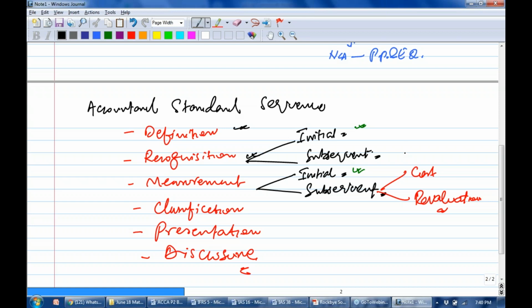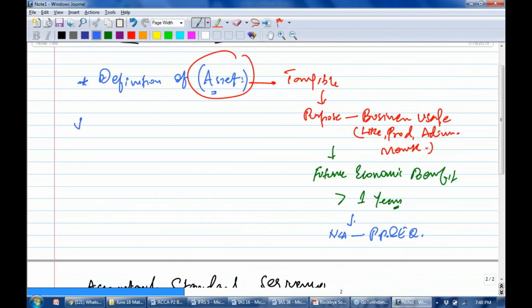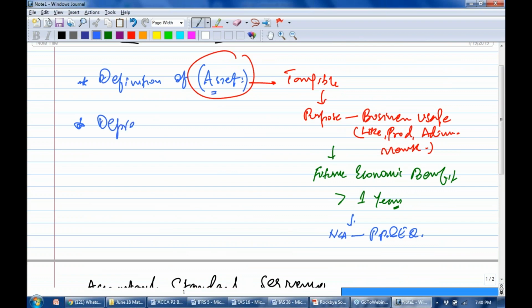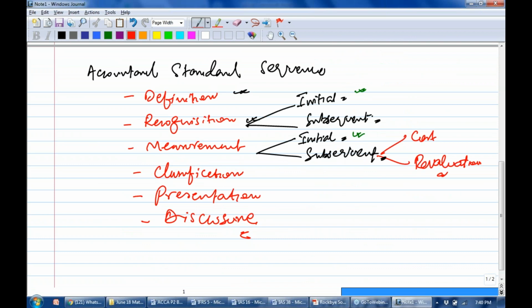Candidates, here the concept of depreciation is basically about the matching concept. It's also in the framework. And what does the matching concept mean? Matching concept means the revenue should be matched with the cost belonging to the current year.